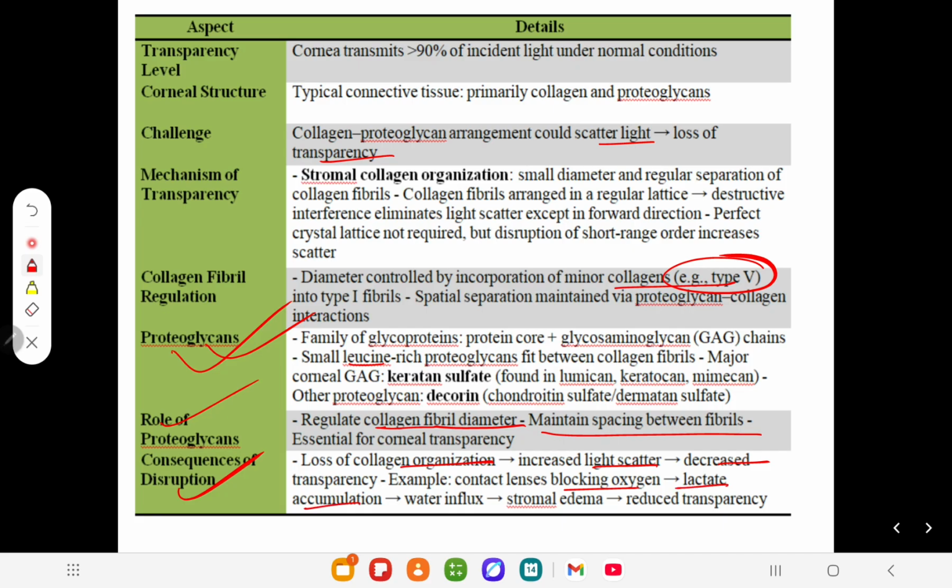Whenever lactic acid accumulates, it creates osmotic imbalance, and because of osmotic imbalance there is water influx, and because of water influx there is stromal edema, especially in the posterior stroma. Why? Because the anterior stroma is way more compact and the posterior stroma is way looser. That's why you will see edema on the posterior side of the stroma, and the consequence is reduced transparency.